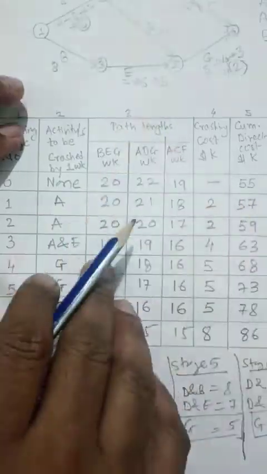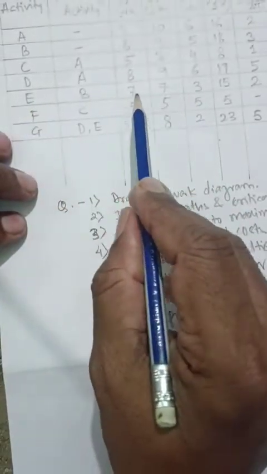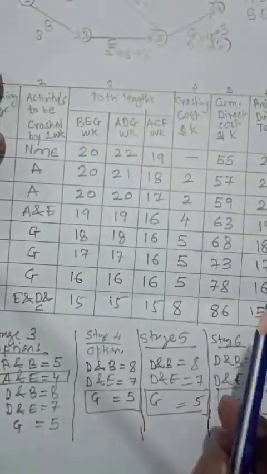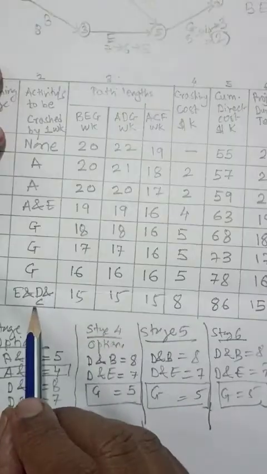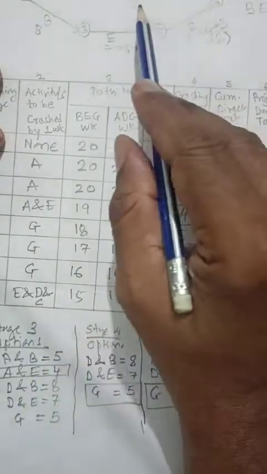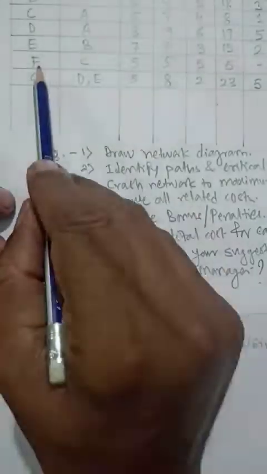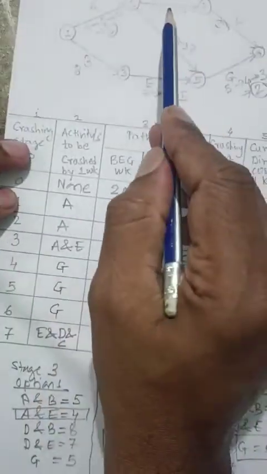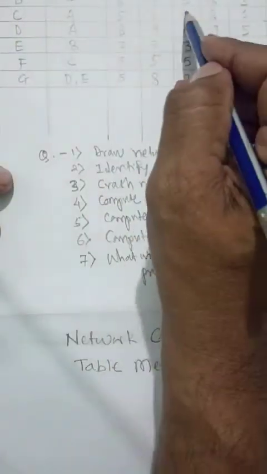So if you look at E, now E can go up to 3, right? D can go up to 6. C can go up to 4. So C has now finished its limit.